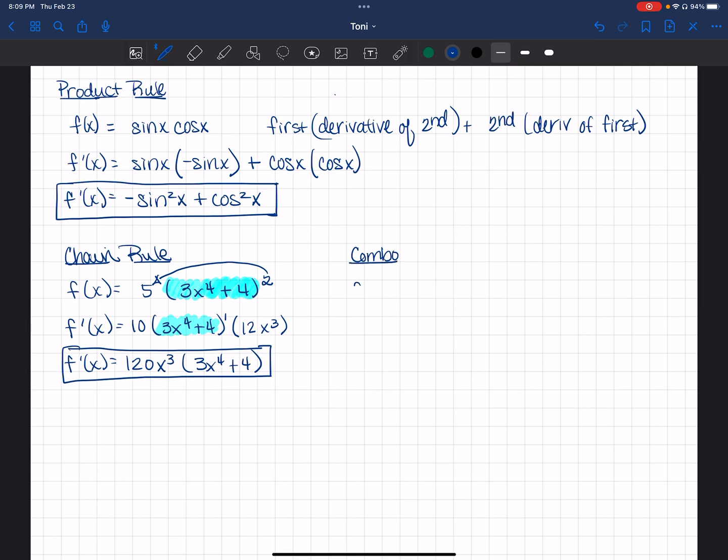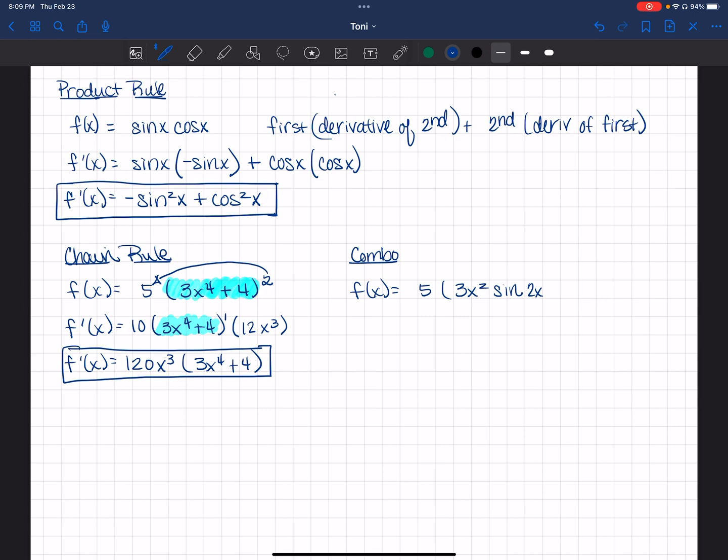They'll do something like f of x equals, why don't we do, we'll say 5, but this time we've got 3x squared sine of 2x.